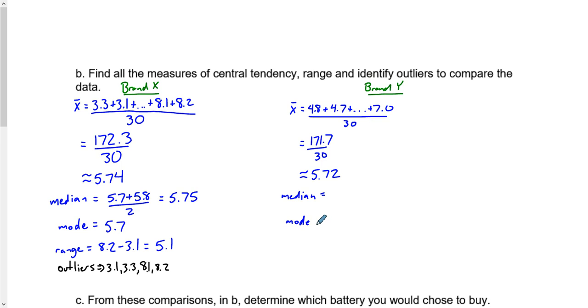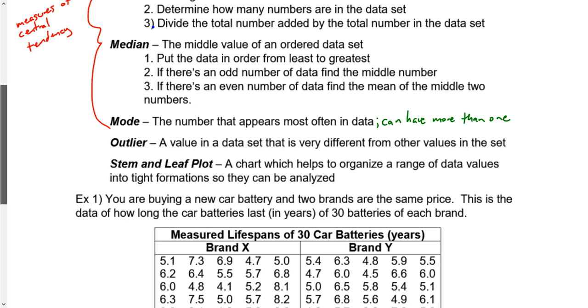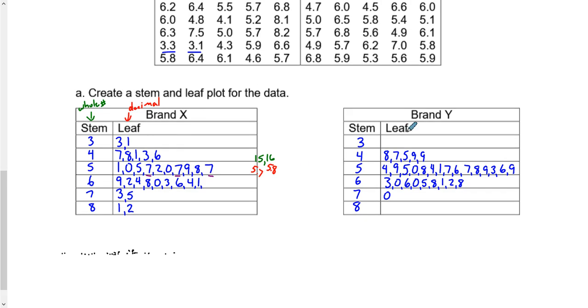I'm just going to write down the next few things that we're going to be identifying. Median. So again, we want to find out the 15th and 16th numbers. And what would they be?